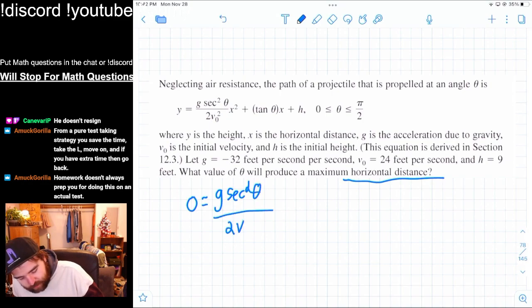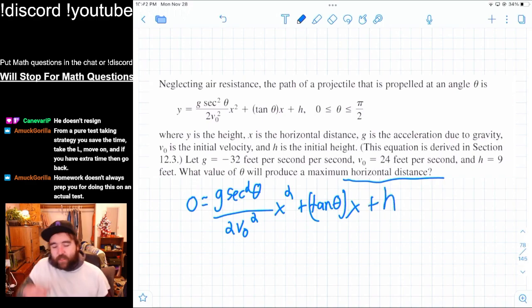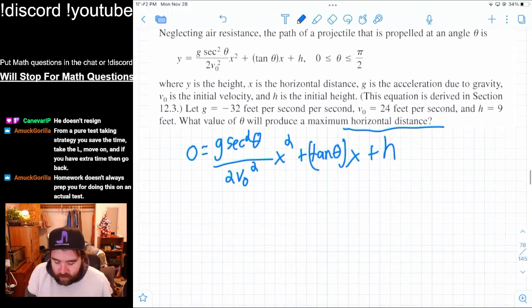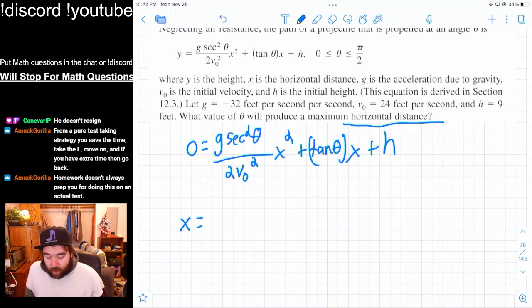But then the idea is we're trying to maximize x. So think about all of the other things we've done where we try to maximize the function. Normally we're trying to maximize the y value, but here it's x. So we need to solve for x, and the only way you're going to solve for x here is with the quadratic formula.